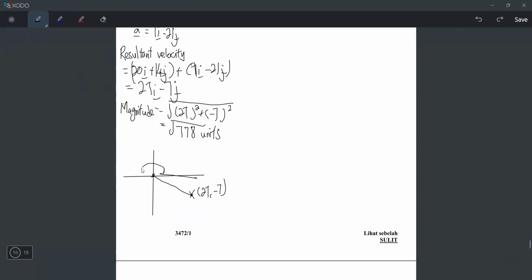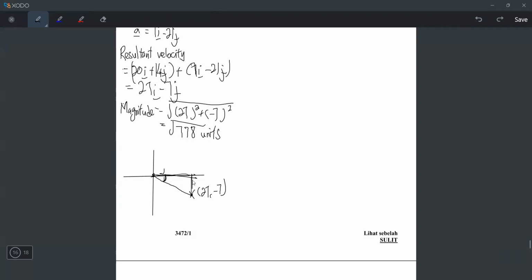So 90, 180, 270, and then 360. And then we have quadrant 1, quadrant 2, quadrant 3, quadrant 4. So what they want is this angle, but you cannot find this angle first. You have to find the angle inside here first, then only 360 minus.